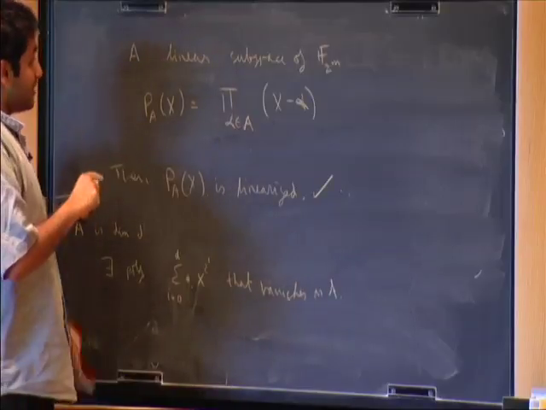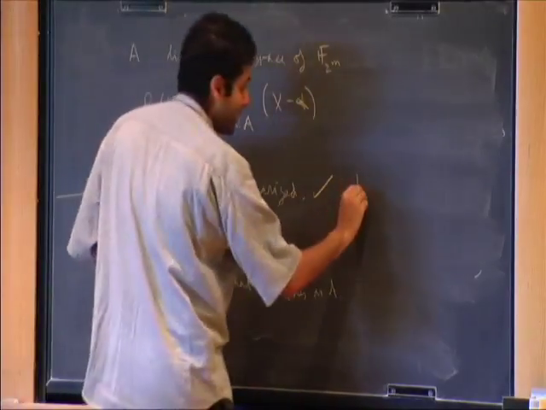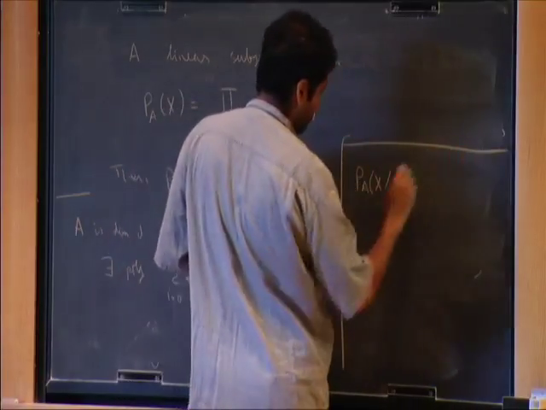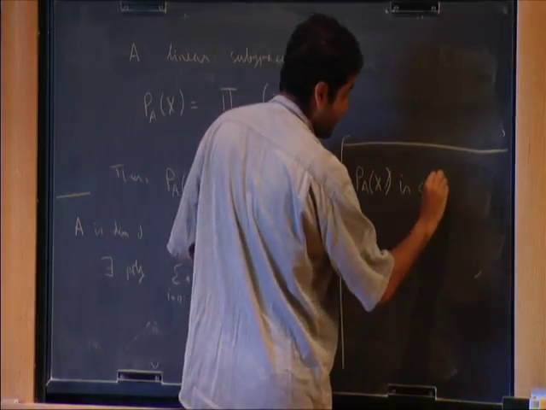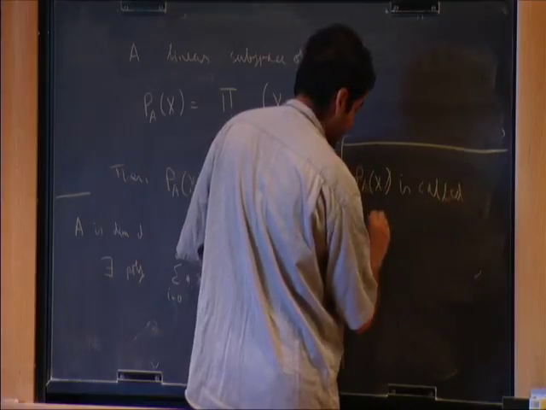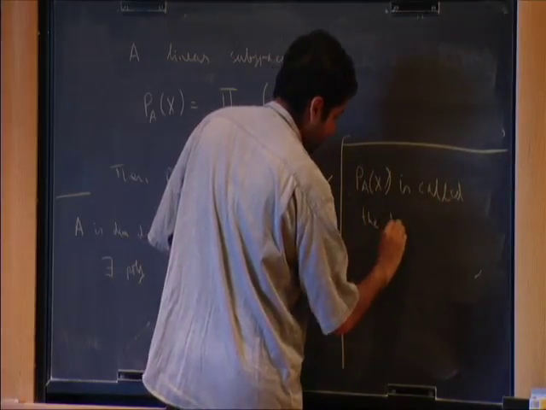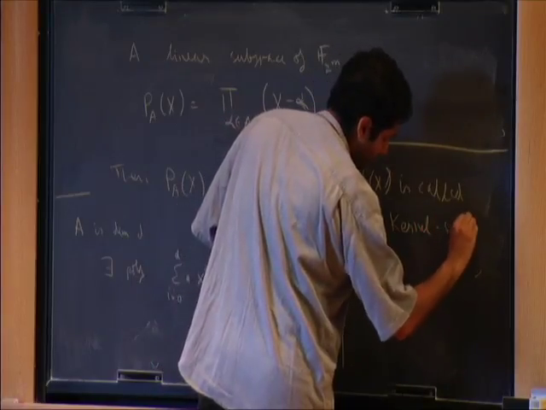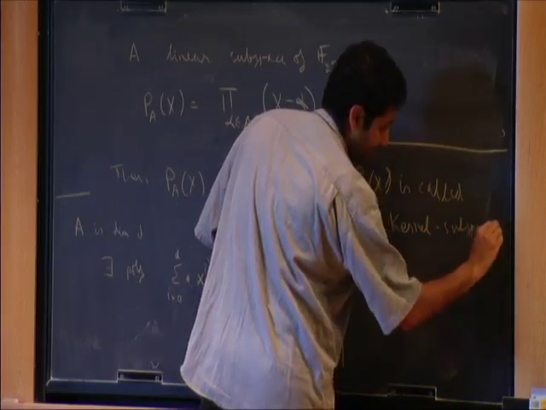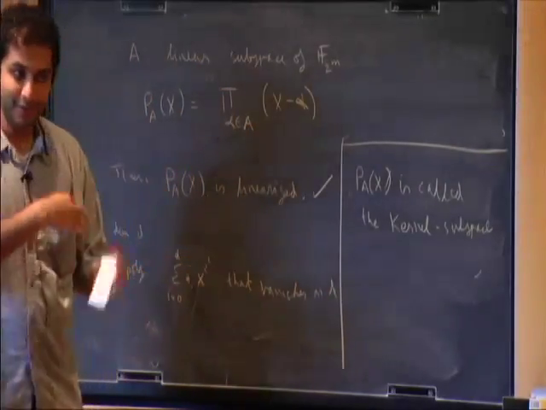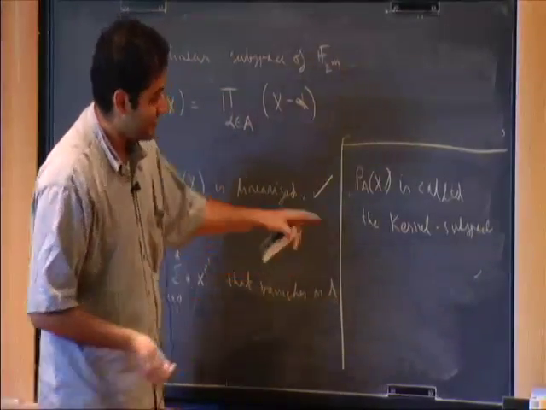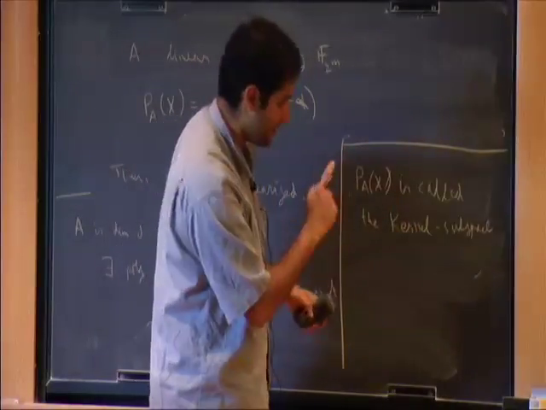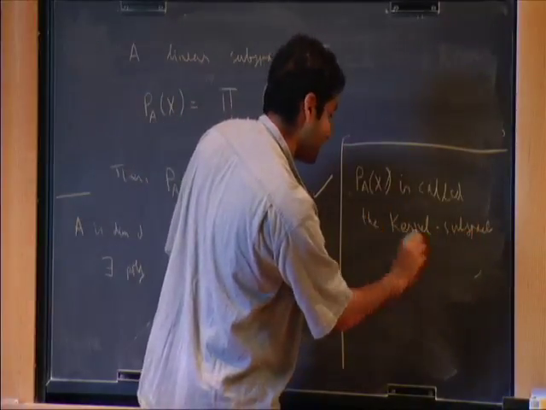So this is called the kernel subspace polynomial. Before this, there only used to be subspace polynomials, but we call this the kernel subspace polynomial because there's going to be a different kind of polynomial, the image subspace polynomial, coming up soon.